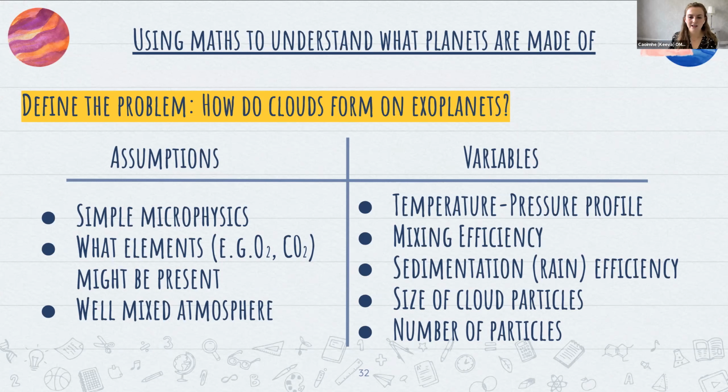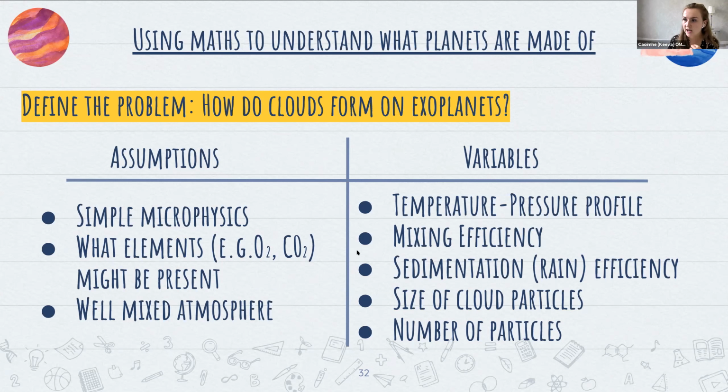You've got nucleation, which is how something forms: if there's a little seed and then something nucleates onto it, joins on and grows. And you have coagulation, which is the sticking together of two cloud particles. You could have little cloud particles come together and form a big cloud particle, and those are going to interact with light very differently.